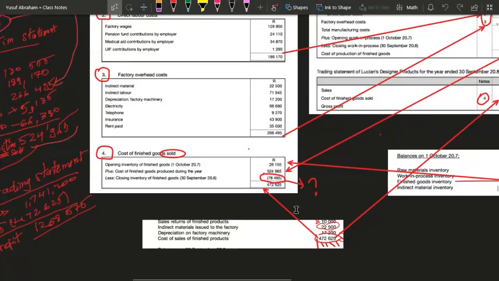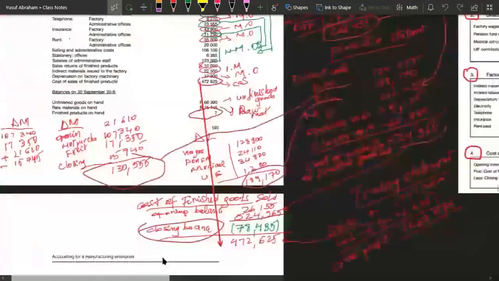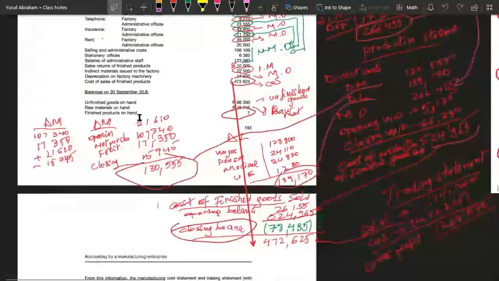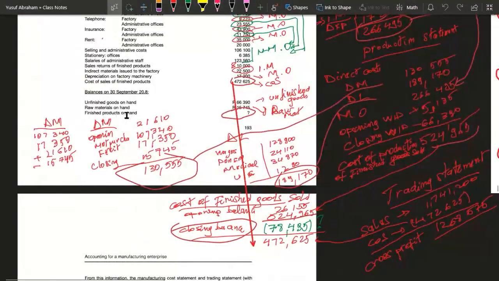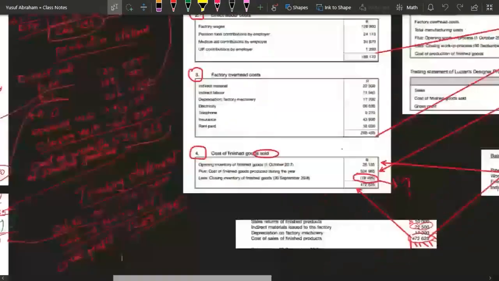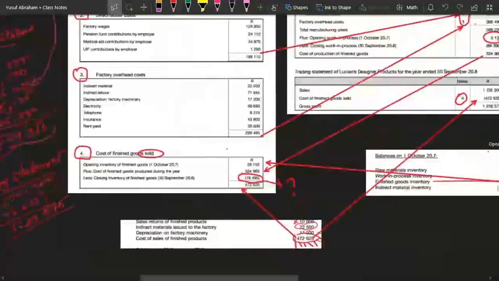Now, here is a problem, for example. They didn't provide us with the closing inventory of finished goods. How do you know? Because when you look at the closing balance, finished goods product on hand does not have a closing balance. Do you see that? Clearly, it does not have a closing balance. But like I said to you, you take what you know and you find what you don't know.